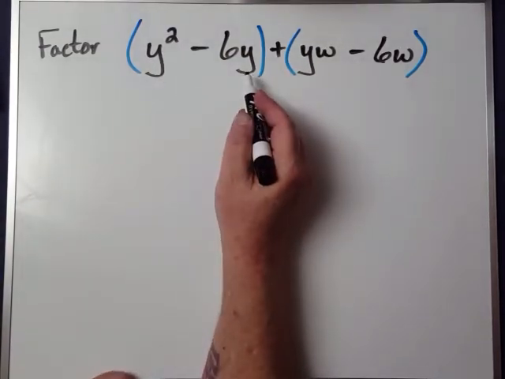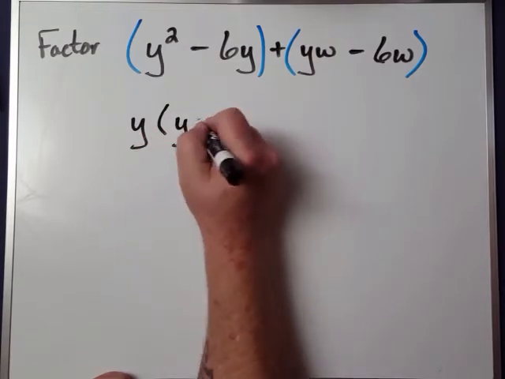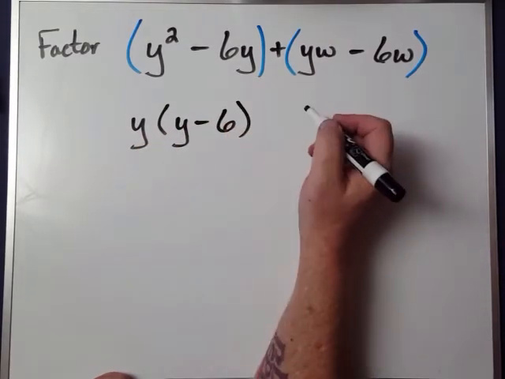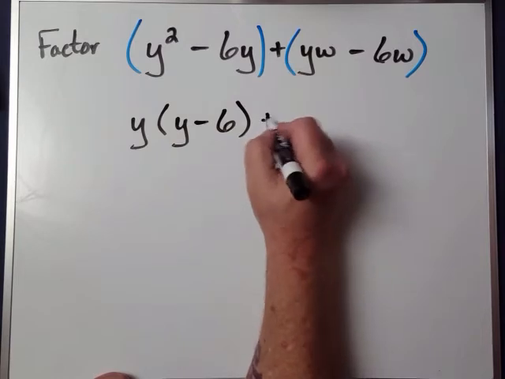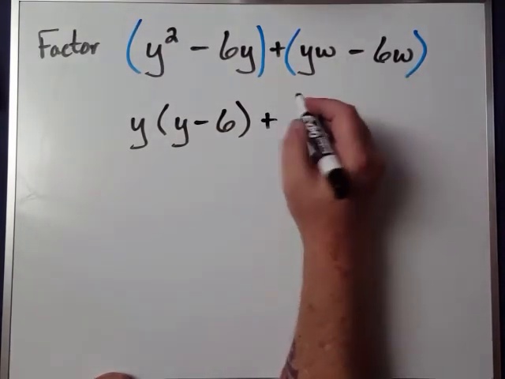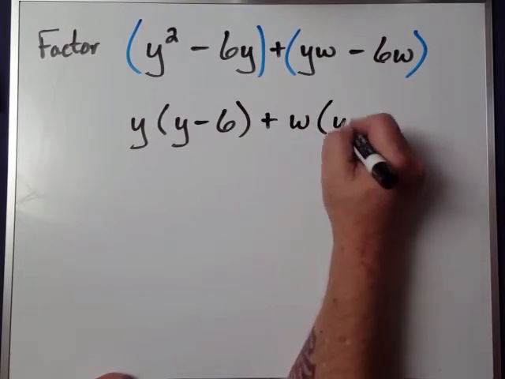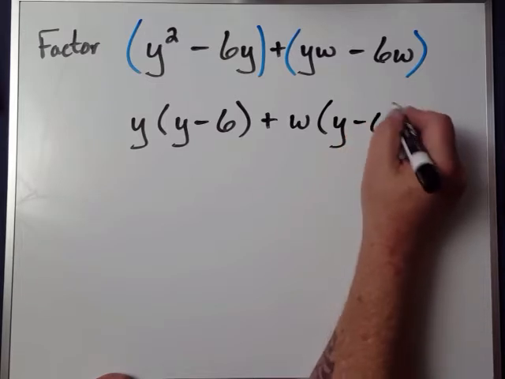Out of the first pair, the greatest common factor is y. Pull out that y. It leaves y minus 6. And plus, out of the second pair, the greatest common factor is w. If I pull a w out of each of those terms, it will leave me y and minus 6.